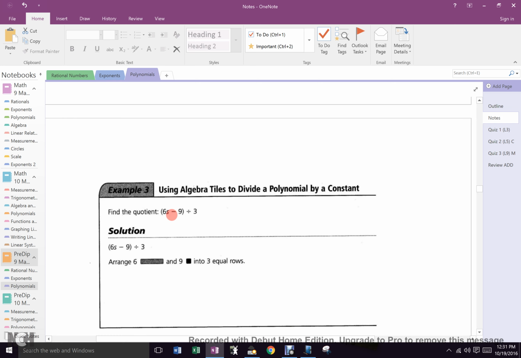That means I take that picture and I cut it into 3 equal chunks, yes? So, I got 6 bars. And again, like I say, when we're dividing, it's easier to draw it. 1, 2, 3, 4, 5, 6.